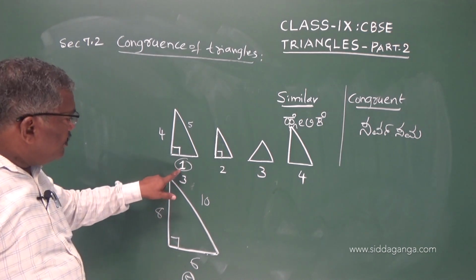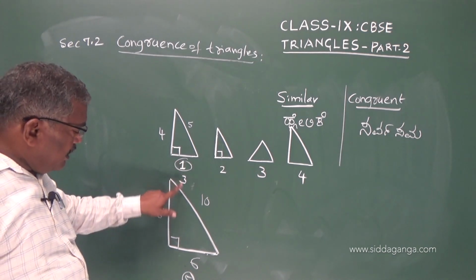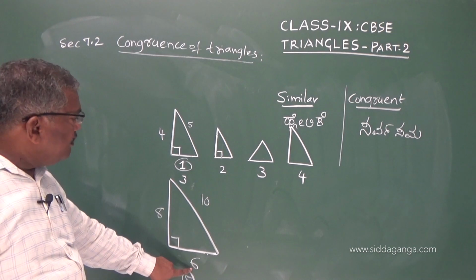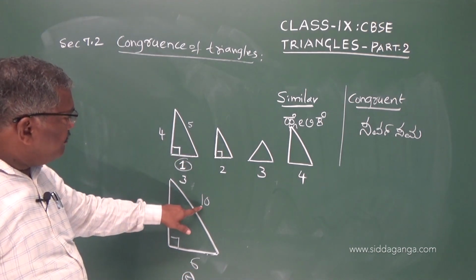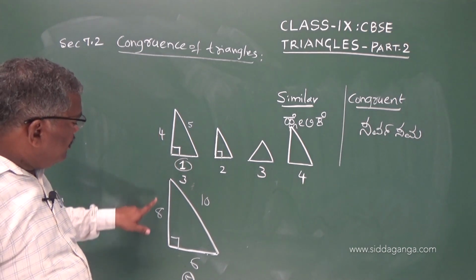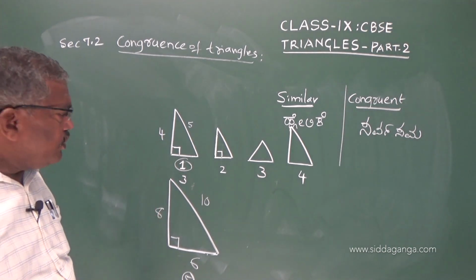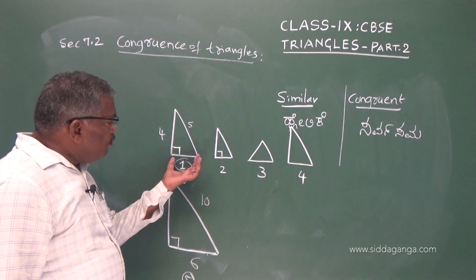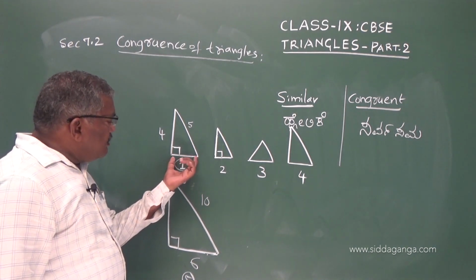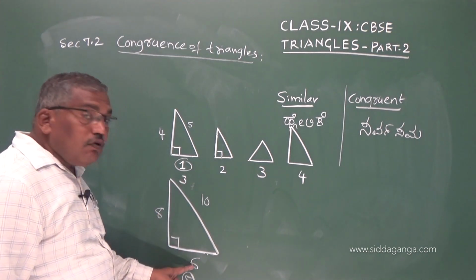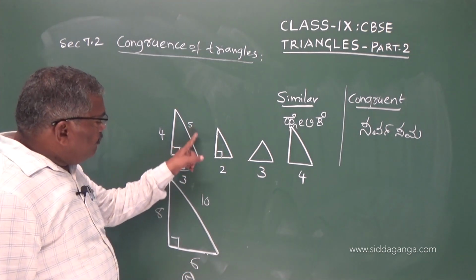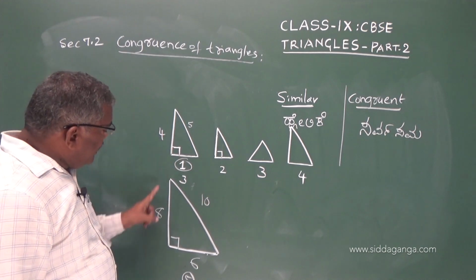Here the base is 3 centimeter, here it is 6 centimeter; the hypotenuse is 5 here, 10 here; 4 here, 8 here. I mean to say the sides are proportional. 3 by 6 is 1 by 2, 5 by 10 is 1 by 2, 4 by 8 is 1 by 2.